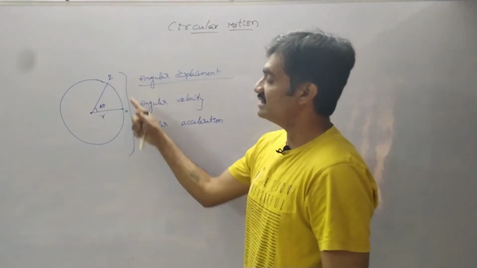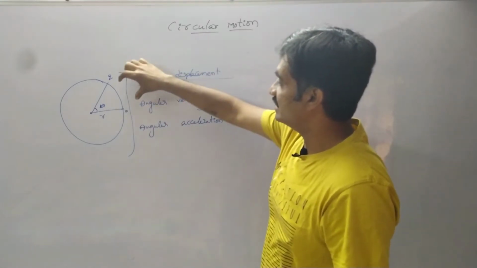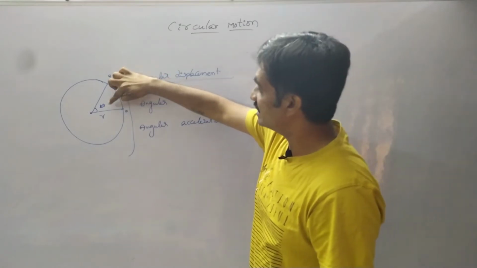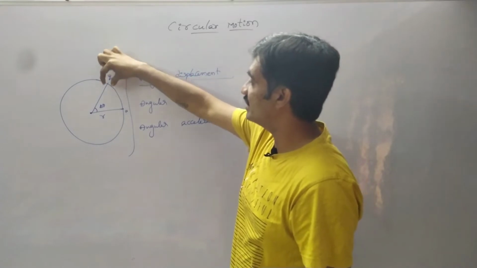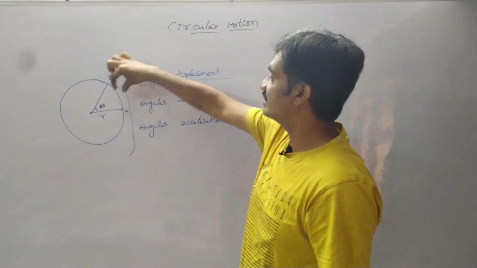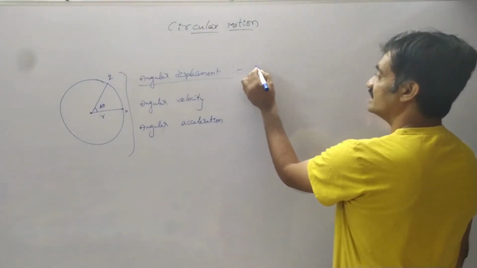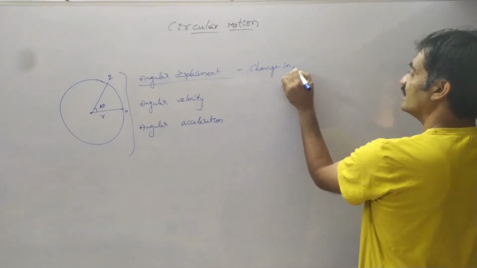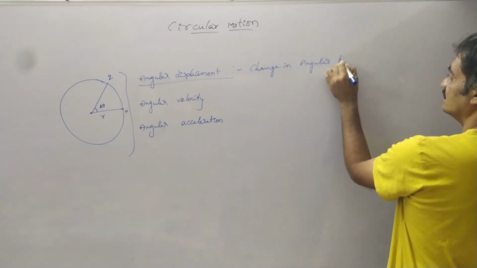Angular displacement is nothing but the change in angular position. Initially the particle is at point P and it has moved to point Q by making an angle of delta theta. This delta theta represents angular displacement, defined as the change in angular position.